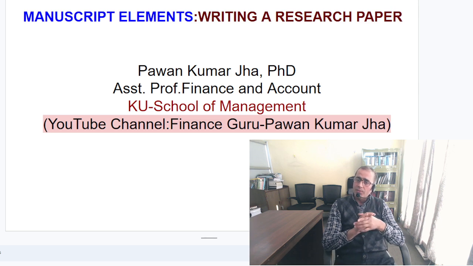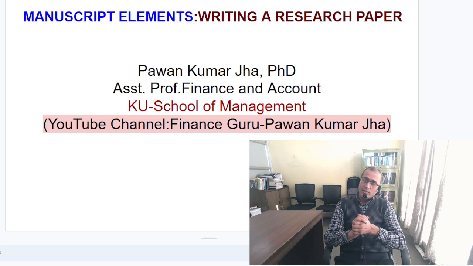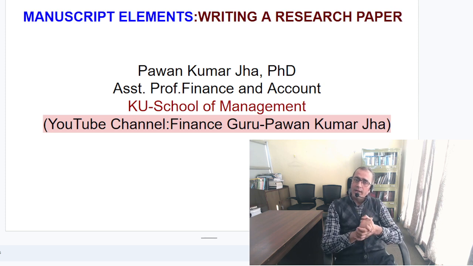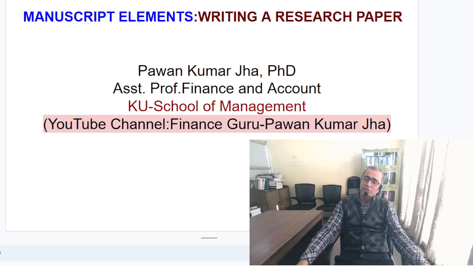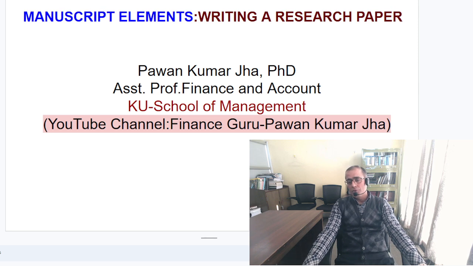That could be your best reference point, and then you start learning how to write a research paper. And whatever I discussed today, these manuscript elements would be important tips for all of you. I believe all this discussion would be fruitful to all of you.